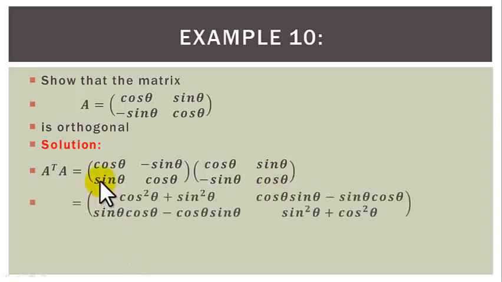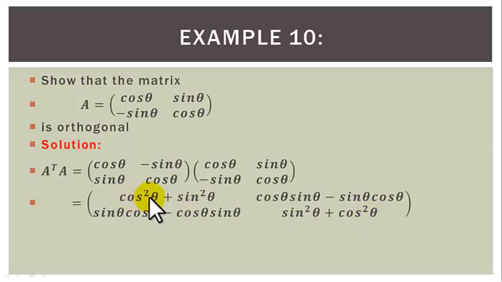This is the result. Row 1 times column 1 will give us cos squared theta plus sin squared theta. Row 1 times column 2 will give us cos theta sin theta minus sin theta cos theta. Row 2 times column 1 is sin theta cos theta minus cos theta sin theta. Row 2 times column 2 is sin squared theta plus cos squared theta.